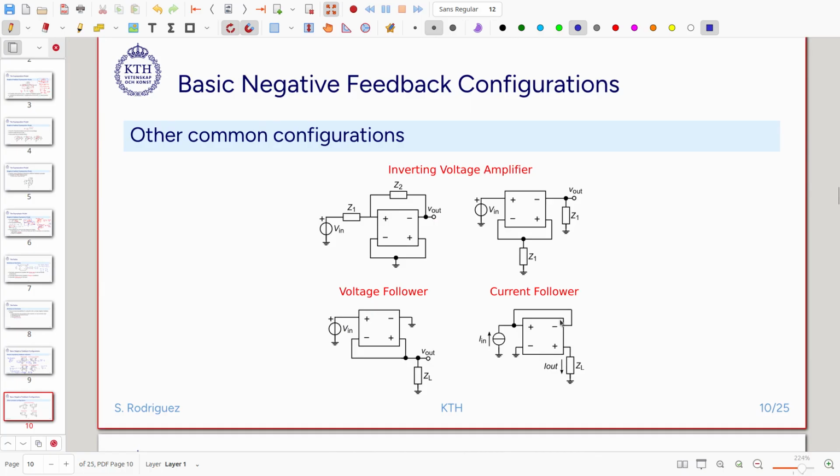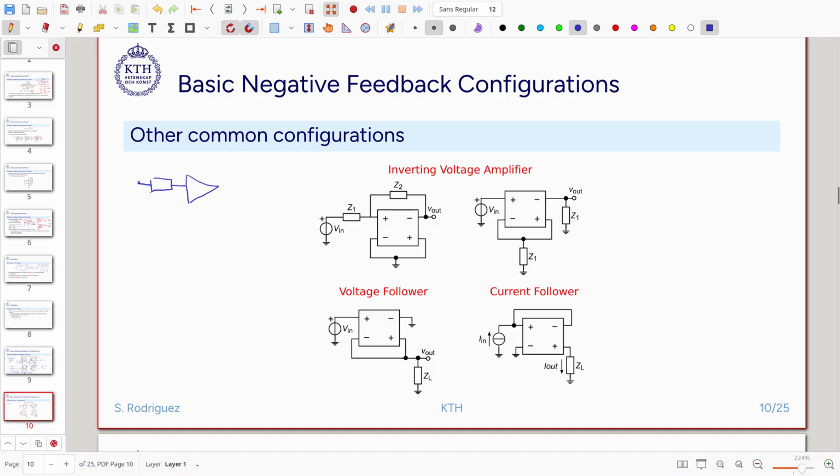There are other common configurations besides the 4 main configurations, and one very popular is the following: the inverting voltage amplifier, and for sure you have seen it before in other basic analog courses.